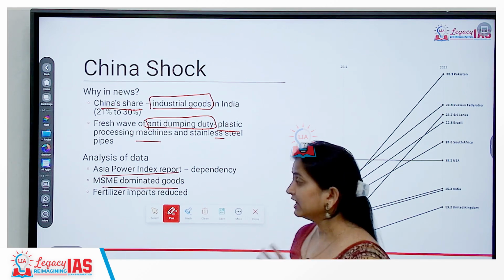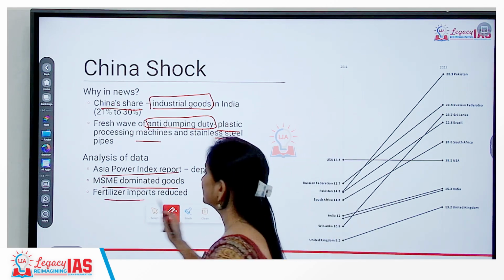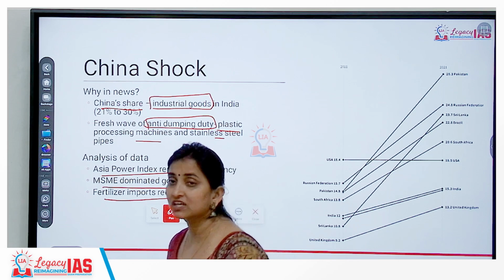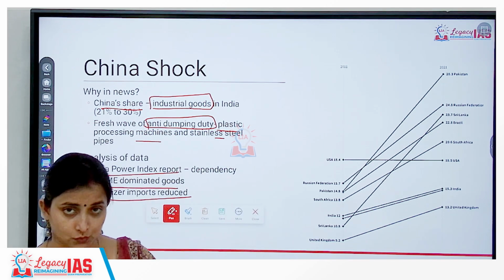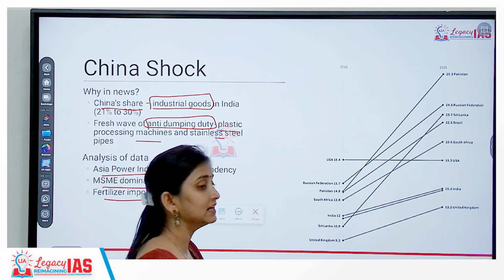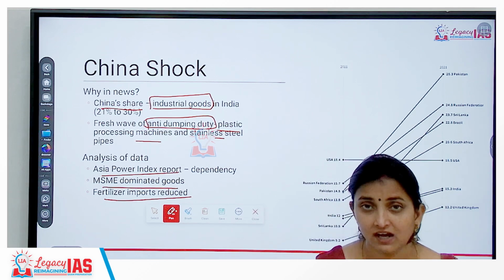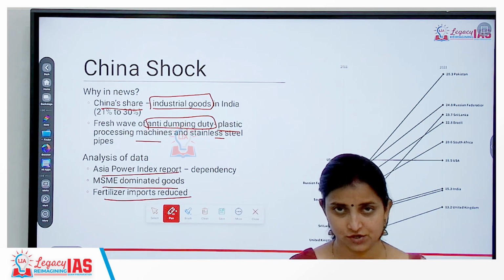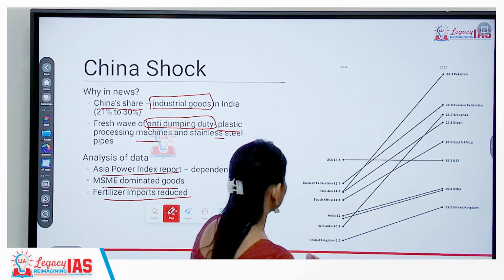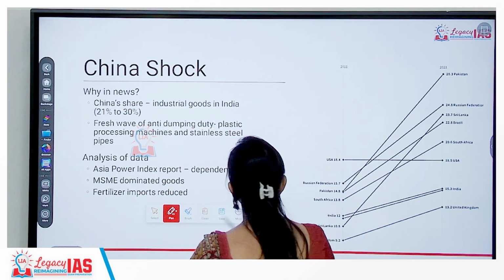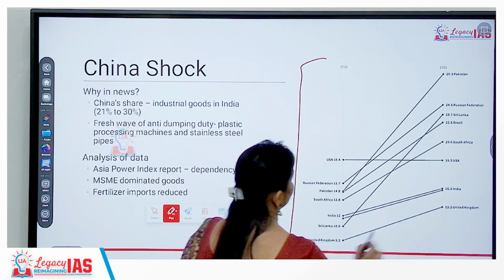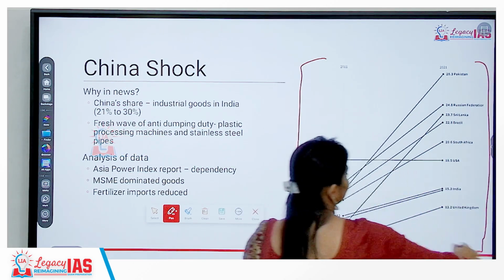ठीक है? And the third important pointer to note here is, this is good news, कि fertilizer imports have reduced. We were earlier heavily dependent on fertilizer imports from China, but this dependency has reduced. ठीक है? So here we have a graph which is analyzing this data about India and some of the countries nearby.